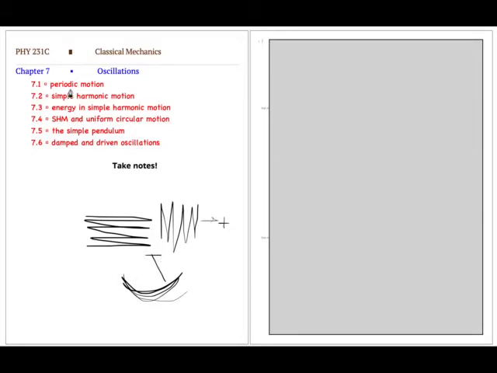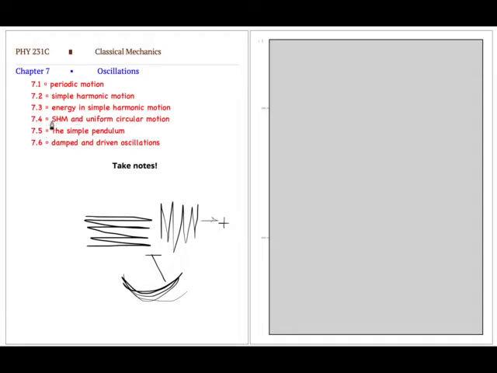Here's a kind of outline of the chapter. It starts with just a general definition of periodic motion, then a special kind of periodic motion, simple harmonic motion, then energy in simple harmonic motion.